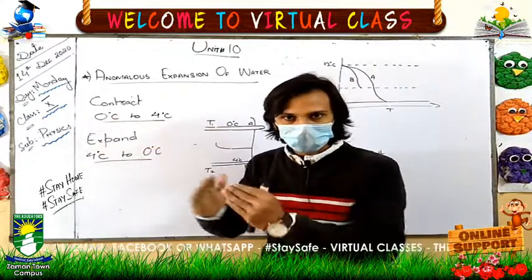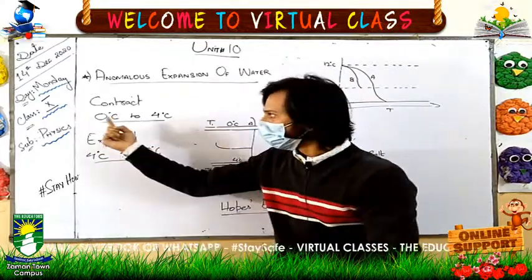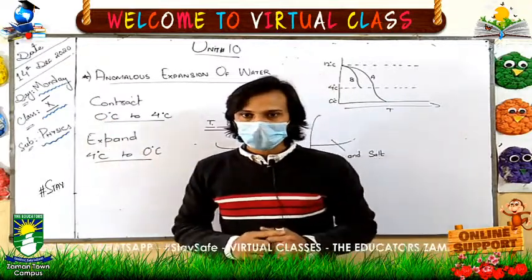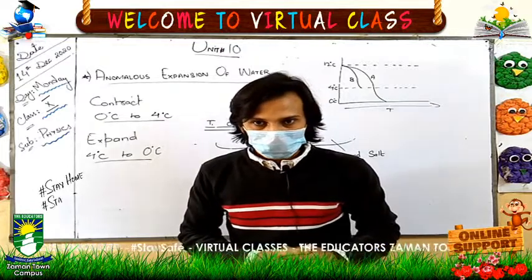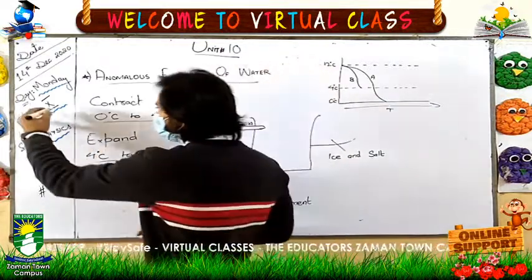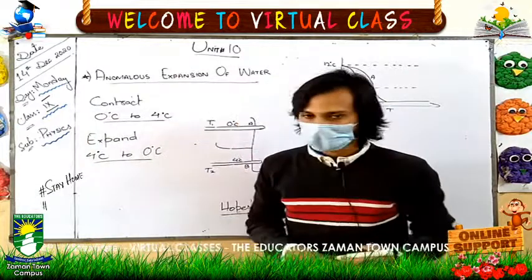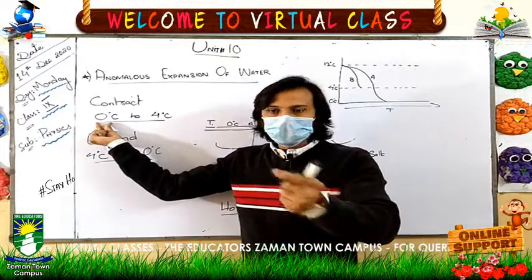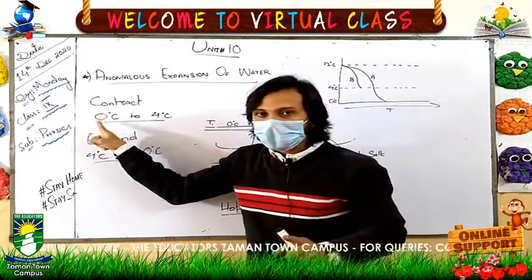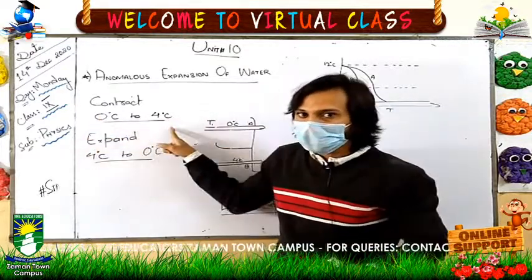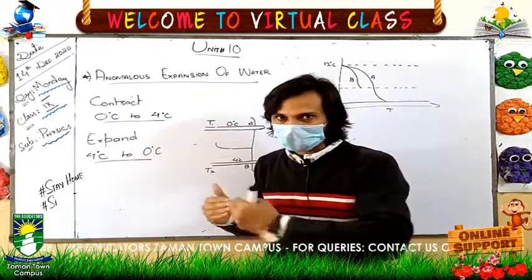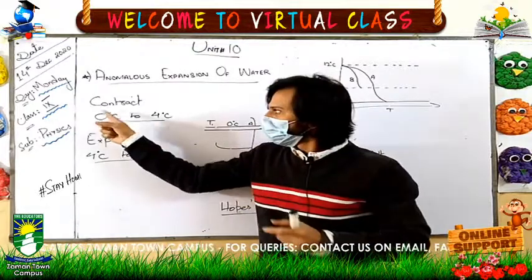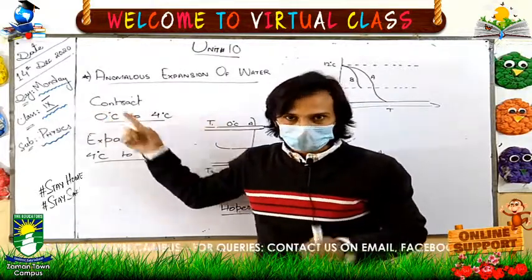At 0 degrees Celsius, if we are providing heat, raising the temperature from 0 degrees centigrade to 4 degrees centigrade, so when we are providing heat, what will happen? It will contract, water will contract.